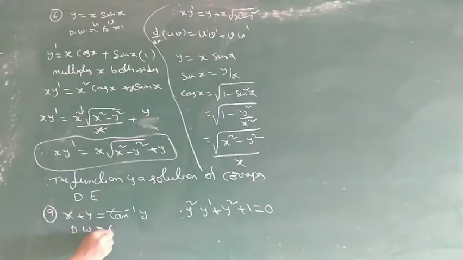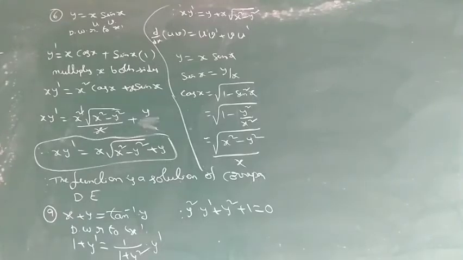Differentiate with respect to x. Derivative of x is 1. Derivative of tan inverse x is 1 by 1 plus x square. Derivative of tan inverse y is 1 by 1 plus y square into y dash.